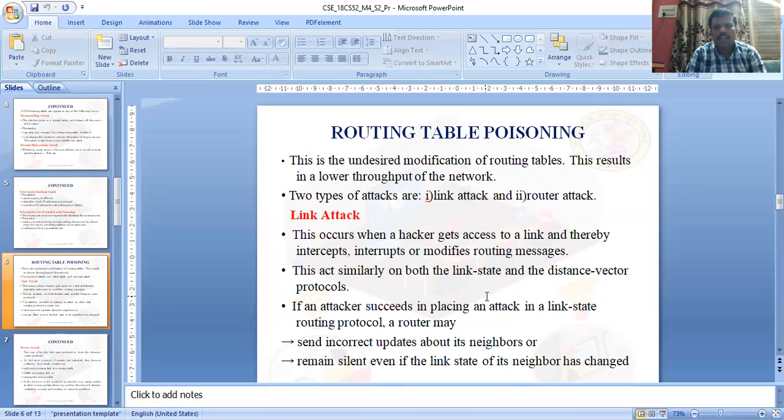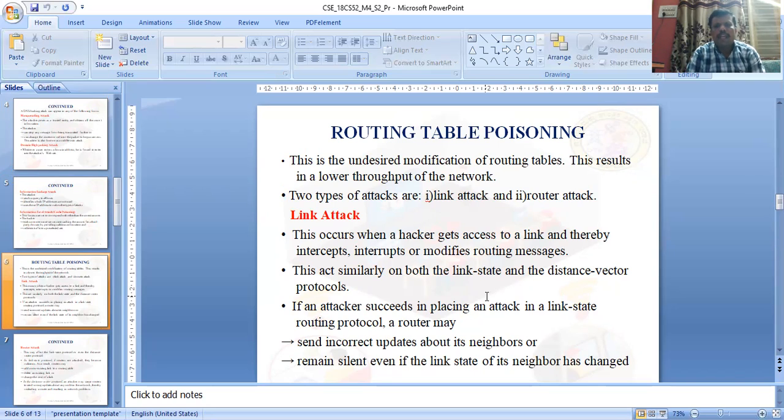This acts similarly on both link state and distance vector protocols, the distance vector Bellman-Ford algorithm. The protocols themselves are modified by the hackers, and attackers succeed in placing an attack on the link state routing protocol.